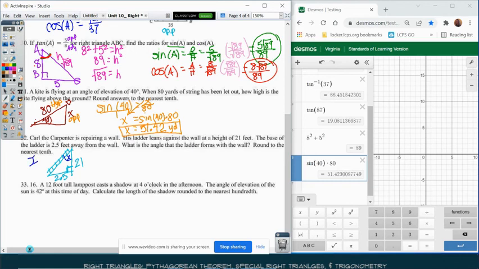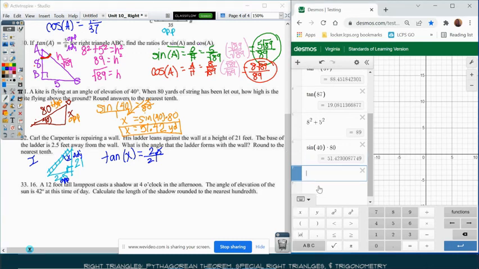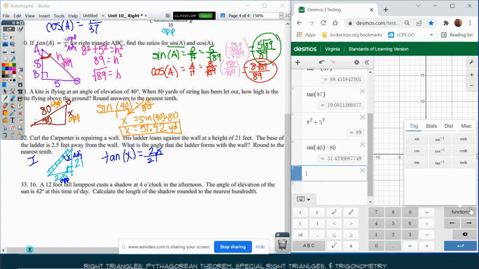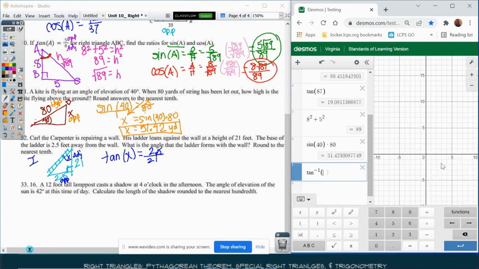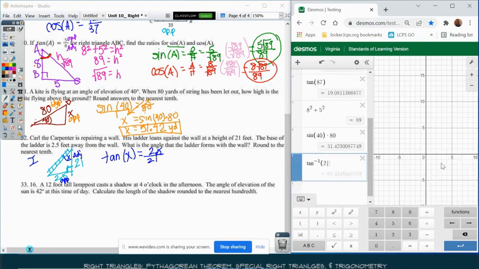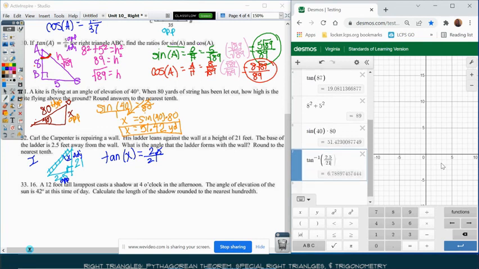So label what we have. 2.5 is opposite from my angle. 21 is the adjacent leg with my angle. That's going to be a tangent. So tangent of x is equal to an opposite 2.5 over an adjacent of 21. So looking for that angle, this is an inverse. In my functions, choose that inverse tangent with the -1 notation. Type in what I'm doing the ratio of, 2.5 over 21.